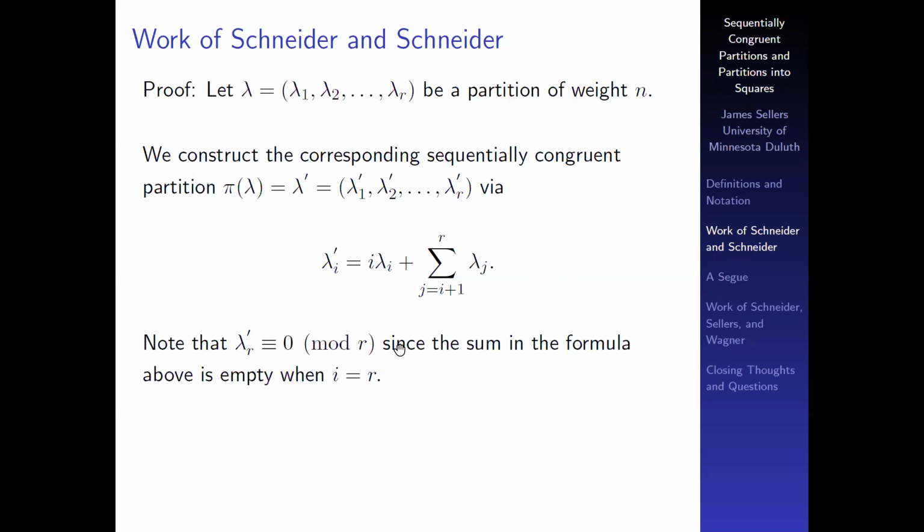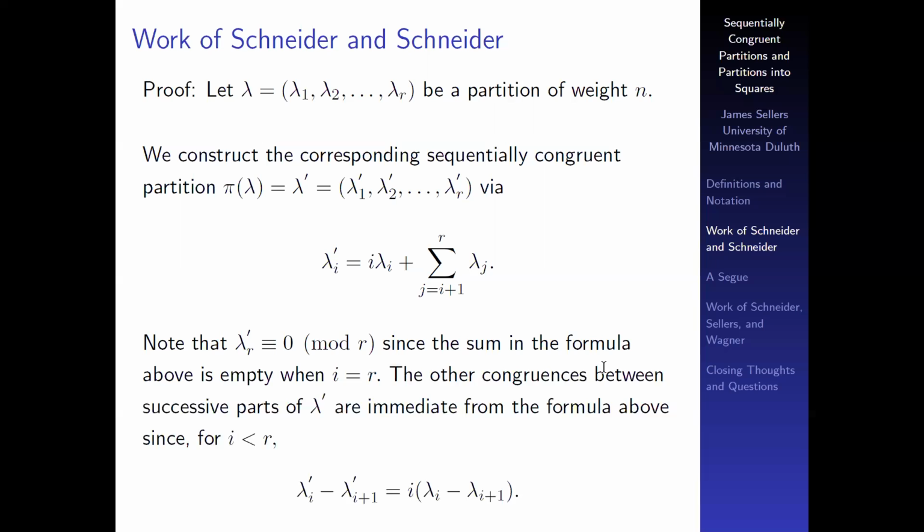Well, if you think about it for a moment, if i is equal to r, this sum at the end is actually going to be empty. So lambda r prime is just going to be r times lambda r. Well, I don't know anything about lambda r, but because there's an r sitting in front of it, I know that lambda r prime is divisible by r. So that last congruence is settled.